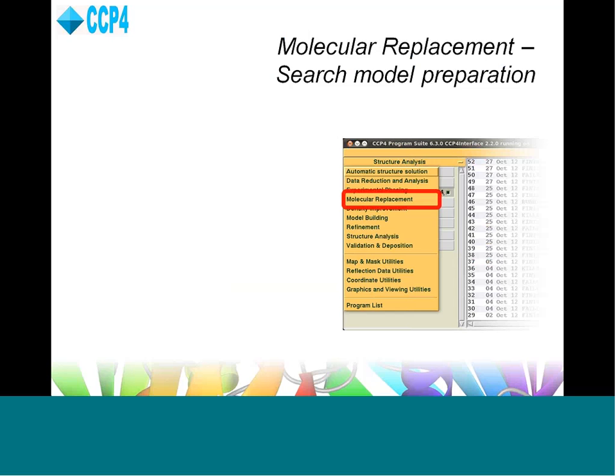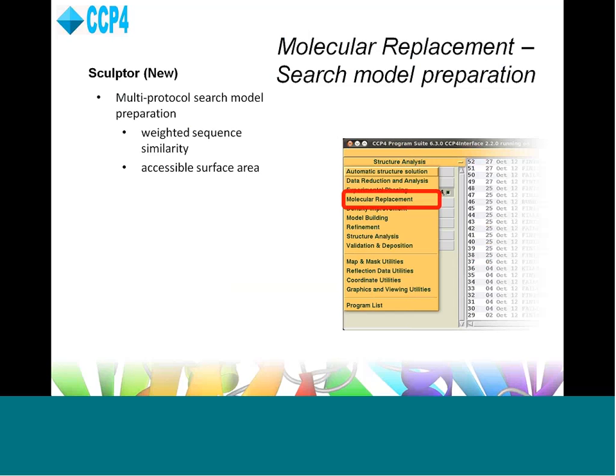So we have several new tools, mostly from the Phaser people, for preparing search models. The first is Sculptor, which is a sophisticated program for preparing a model. It can use weighted sequence similarity between the target and your model to decide how best to prune the search model.